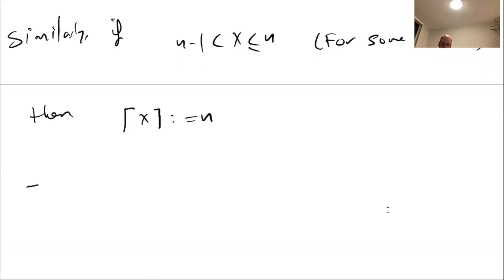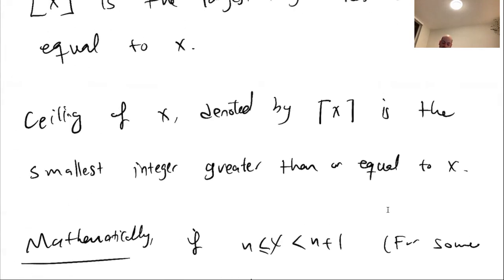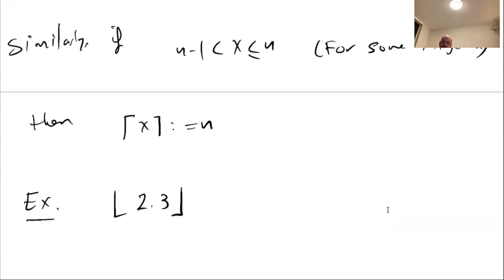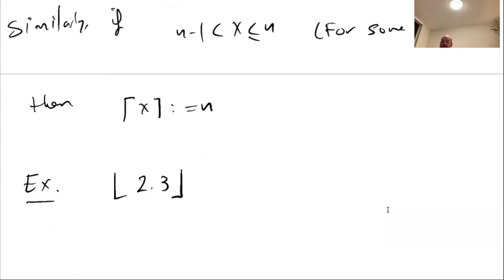Let me give you an example, maybe you will understand better. For example, the floor of 2.3. What is the floor of 2.3? According to the definition, the floor of a number is the largest integer less than or equal to x. Which integers are less than or equal to 2.3? 2 is one of them, right? 2 is less than 2.3.